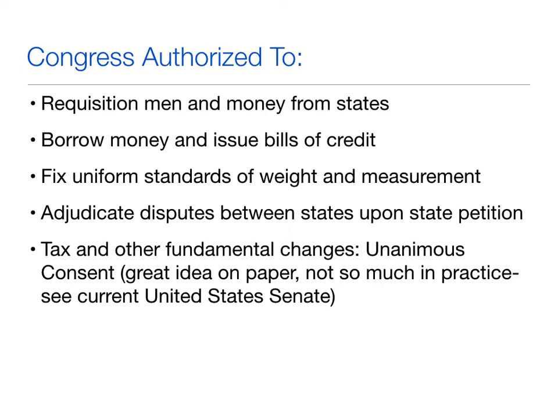Now, when it came to taxing and other fundamental changes, again, you needed unanimous consent. This is a great idea on paper, but it would prove to be almost fatal in practice. If you look at the United States Senate today, which is constantly suffering from what's called the filibuster, which we'll study later this semester, filibusters would basically bring congressional action to a halt.